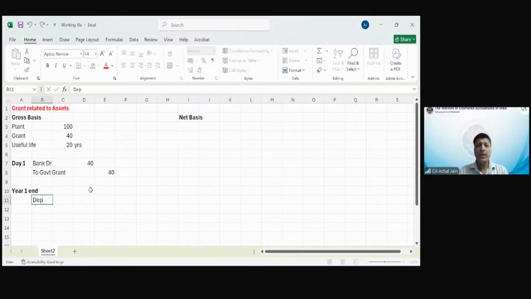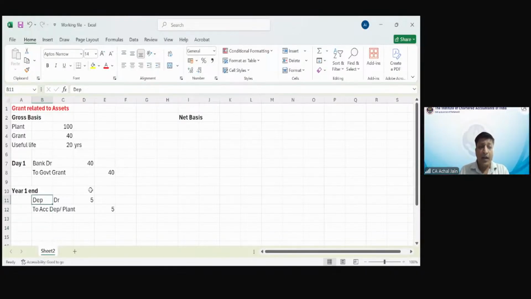So now what is going to be the accounting entry? Depreciation debit, which is 100 divided by 20 to accumulated depreciation, or we can say to plant. Yes or no? Yeah. Further, at the year end, what do we need to do?